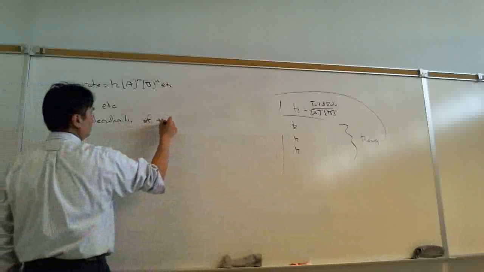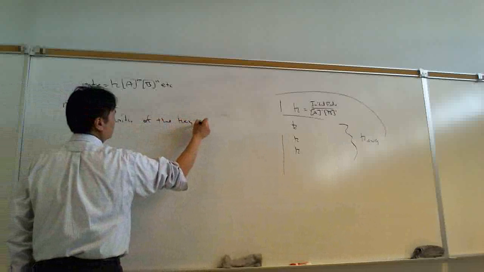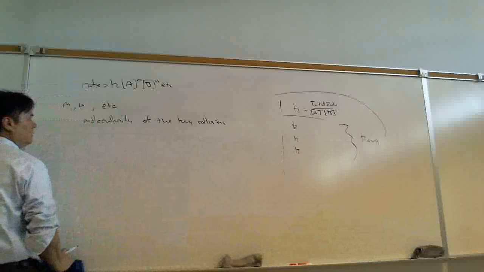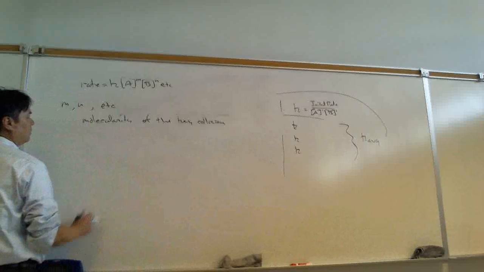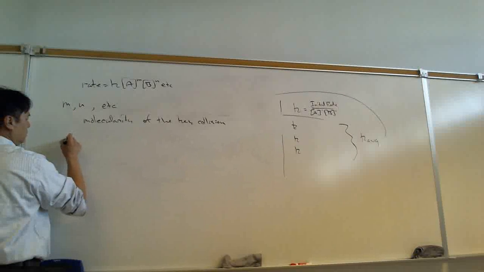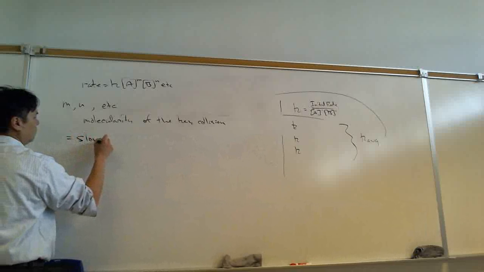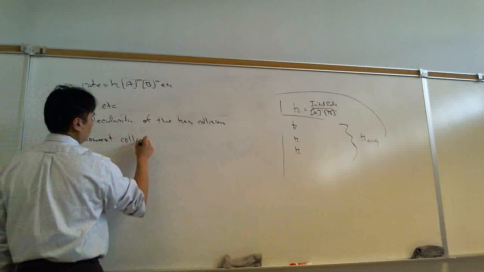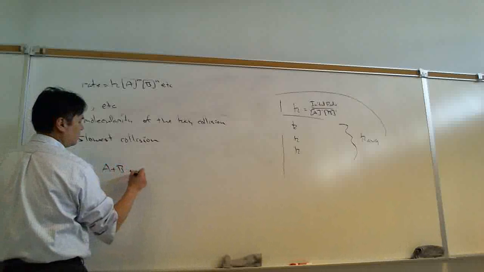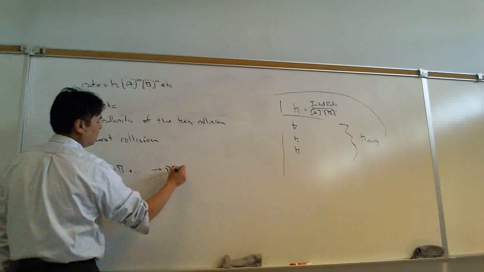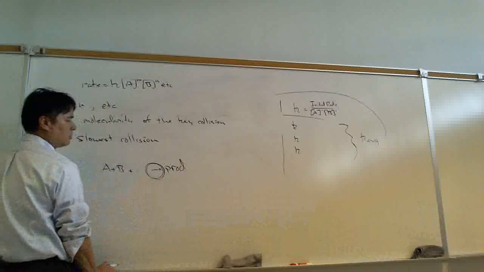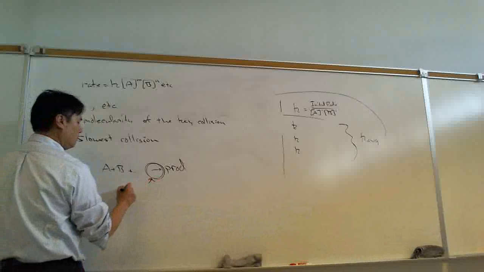Of the key collision. The key collision is what we call the rate determining step. It's the slowest collision. And so when we're looking at a reaction, A plus B plus dot dot dot, this goes to product. This may be multiple steps or maybe a single step. We don't know.